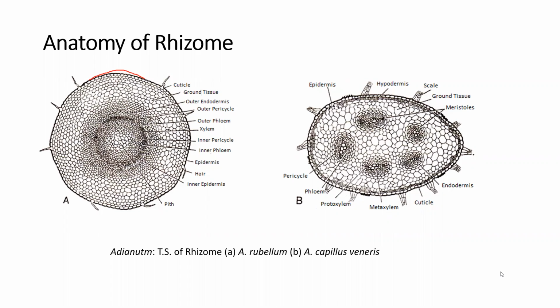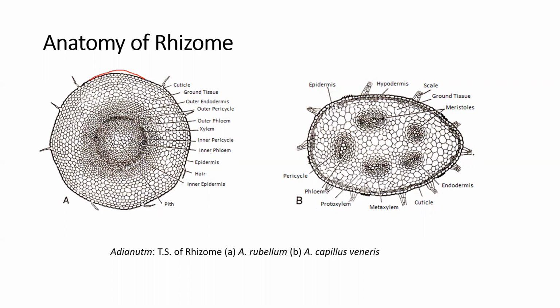While in the other species of Adiantum, that is Adiantum capillus-veneris, the steles are arranged in the form of a circle within the cortical region.